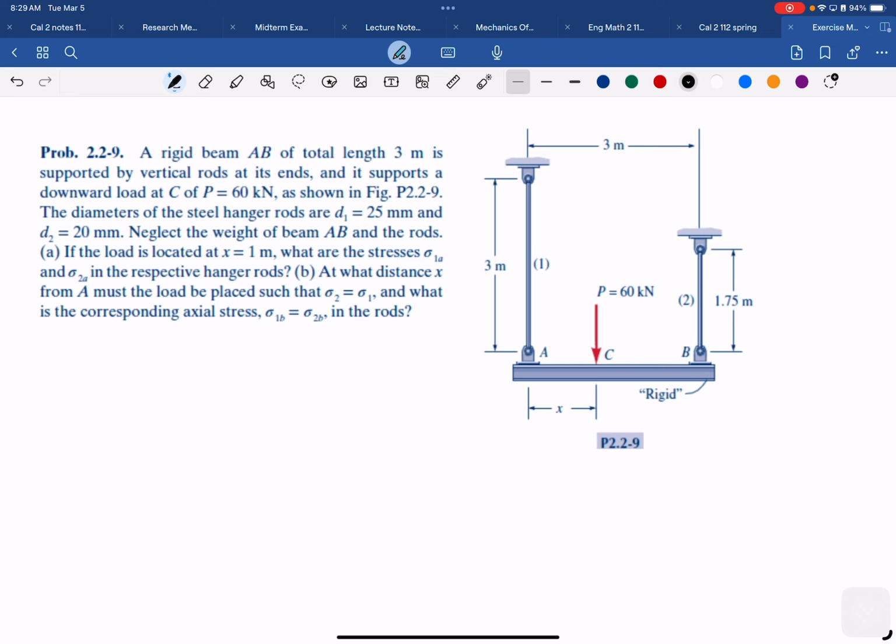How about this one? Okay, number 2.29. Okay. So I hope you could see the idea here.